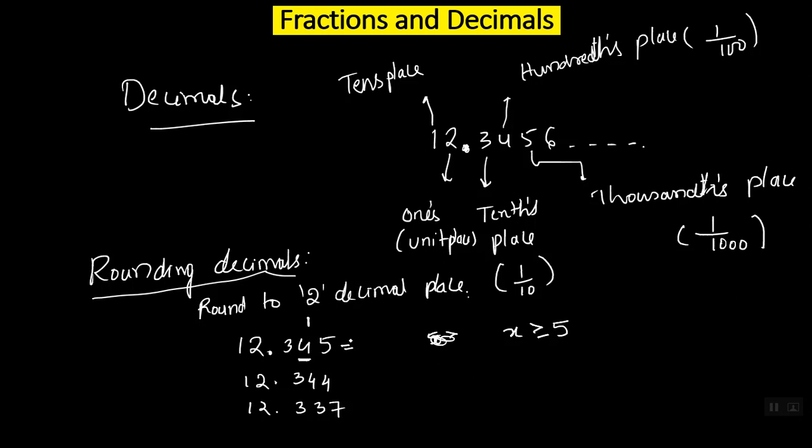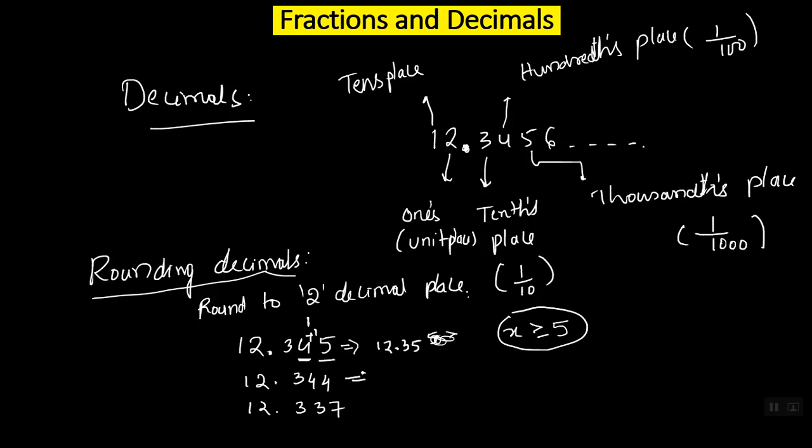If I say round this one to the nearest hundredths, it can be done as 12.35. Why? 4 plus 1 gives me 5, because the number next to it is greater than or equal to 5, isn't it? If it is greater than or equal to 5, you have to add 1 to that.